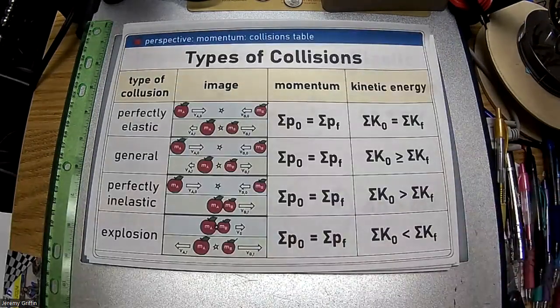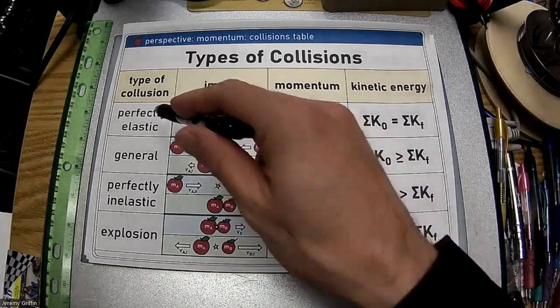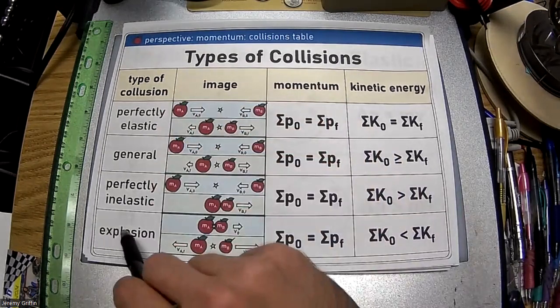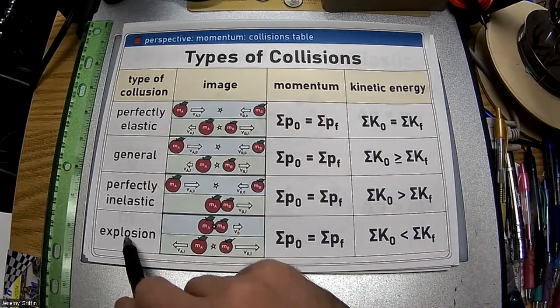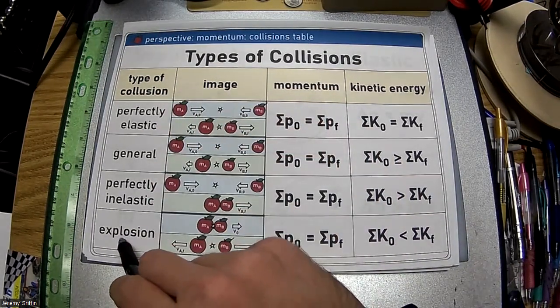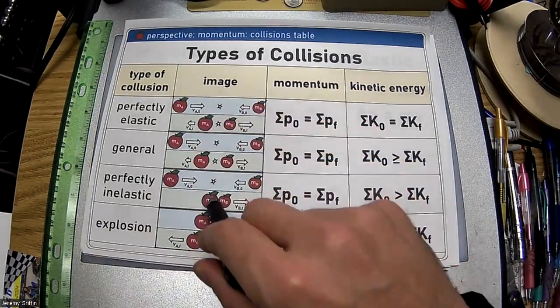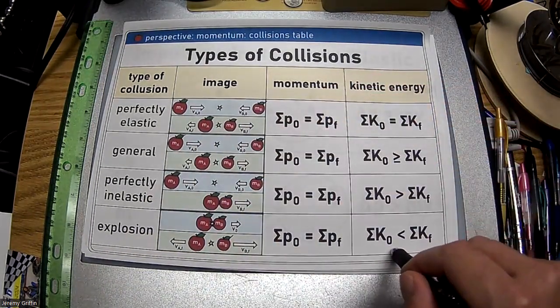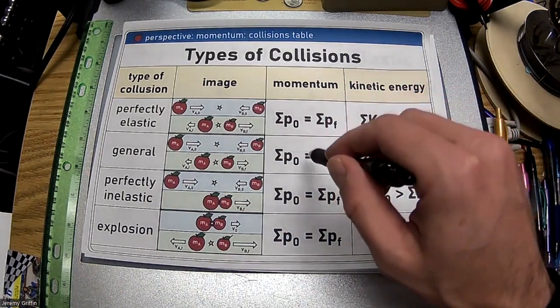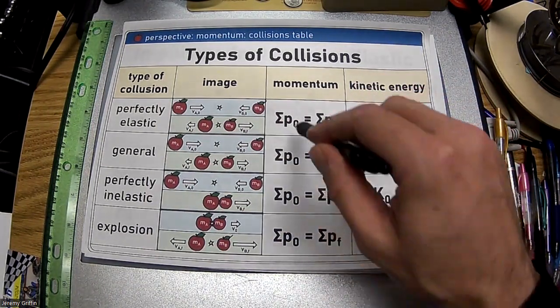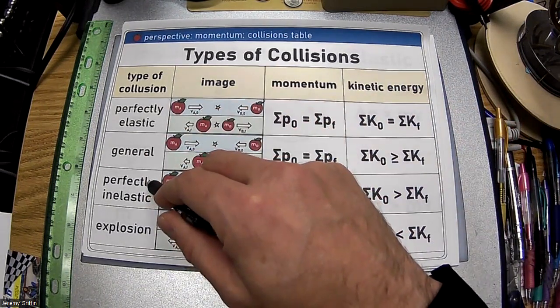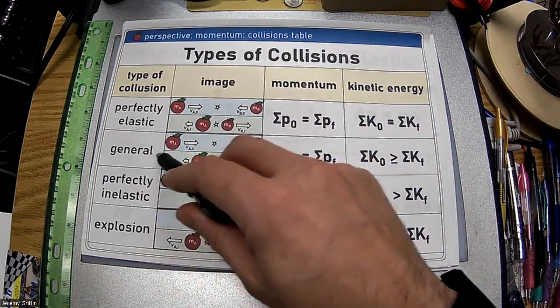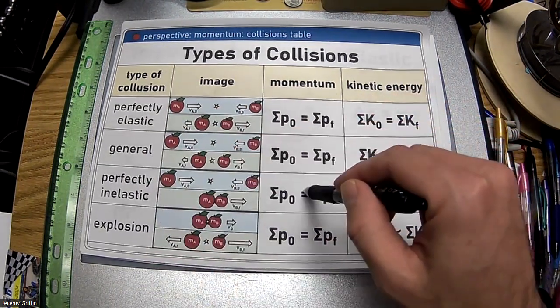All right, so let's put it all on a big old table. Here are the different kinds of collisions, or explosion. Hey, it's just perfectly inelastic in reverse. We just talked about that. Here's what it looks like: what's going on in terms of momentum and what's going on in terms of kinetic energy. For every single one of these scenarios, perfectly bouncy, perfectly sticky, explosion, in general, momentum's always conserved.